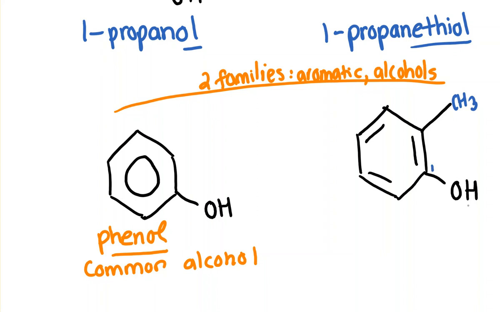It's going to be where the OH is. And then instead of counting around this long way to get to my branch, I'm going to count this way, and so on. But anyway, I'll put this name together. I talk about the branch first, 2-methyl. And then the last name is phenol.